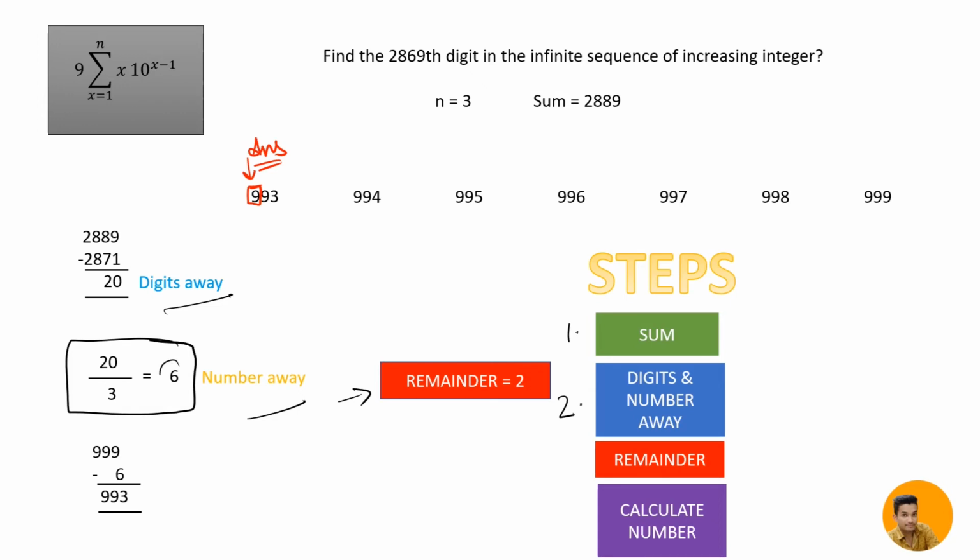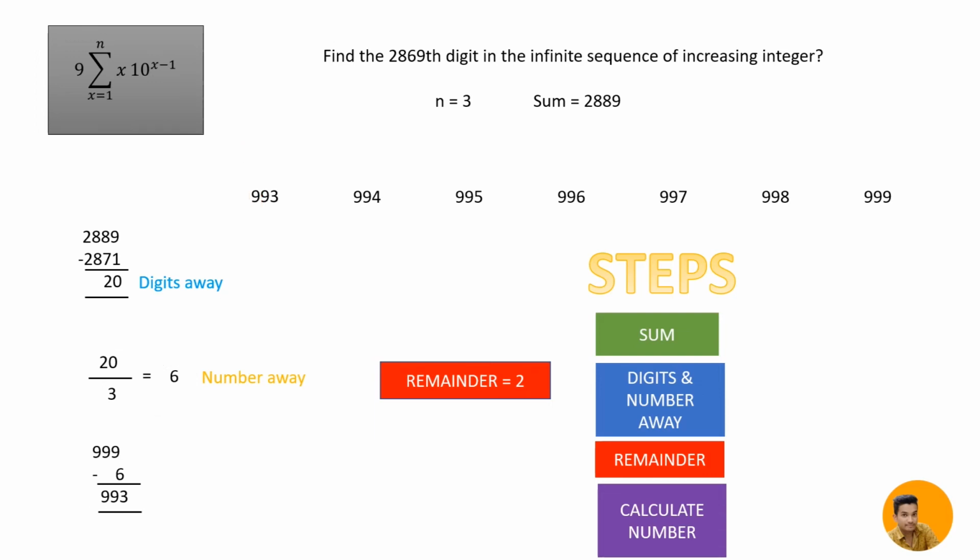You have the question part, you subtract it, you get the number, and then you check the position by the remainder. Remainder 0 means I am at the LSB, the least significant digit, remainder 1 means this, remainder 2 this, and for a big number, remainder 4 would be this, and so on.